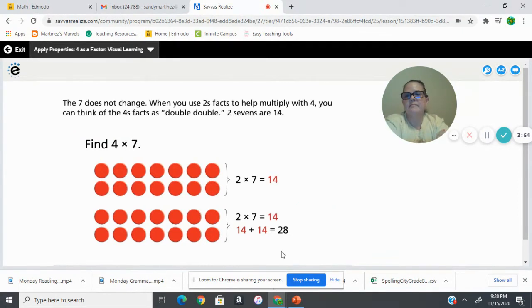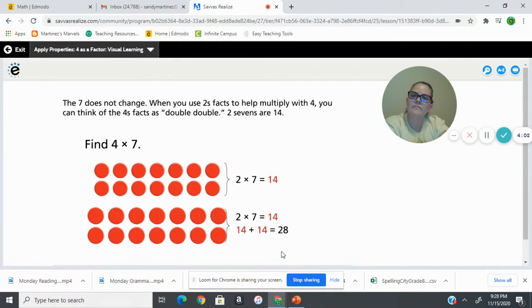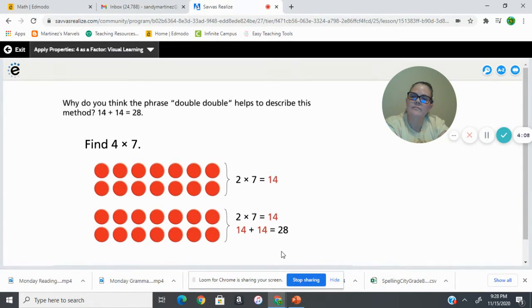The 7 does not change. When you use 2's facts to help multiply with 4, you can think of the 4's facts as double-double. 2 7s are 14. Why do you think the phrase double-double helps to describe this method? 14 plus 14 equals 28.